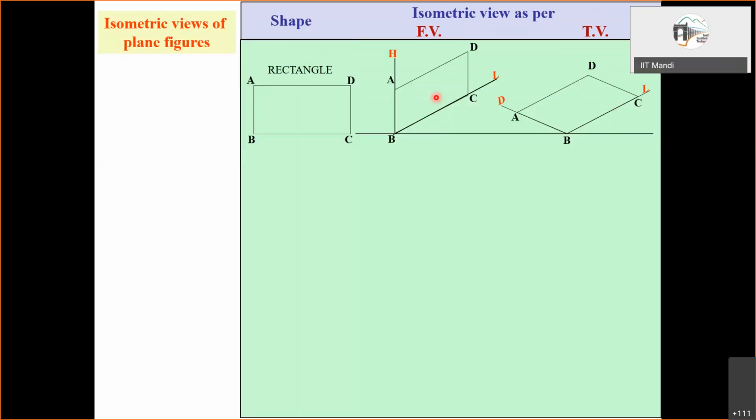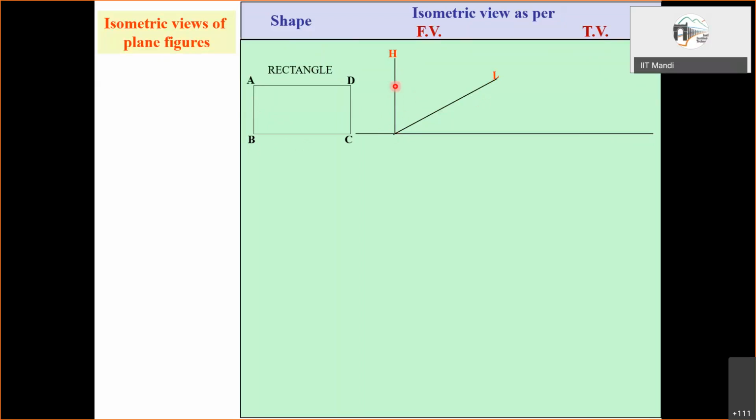So what is the difference? When we consider the front view, where are we beginning with? We are keeping one vertical line and one 30-degree incline line, right? And along this vertical line, one of the lengths like AB is to be marked. So we first of all look at that B here is kept at this junction, right? Then along this L, length CB is to be marked.